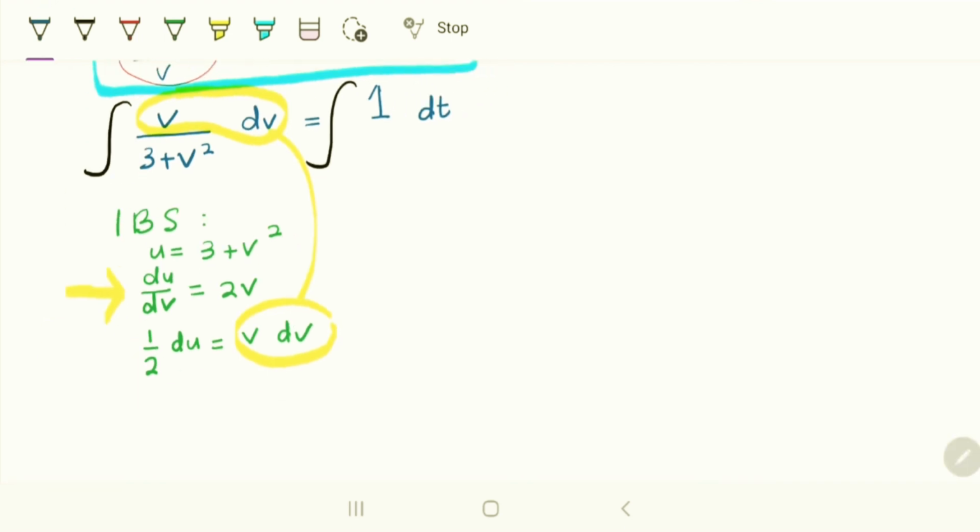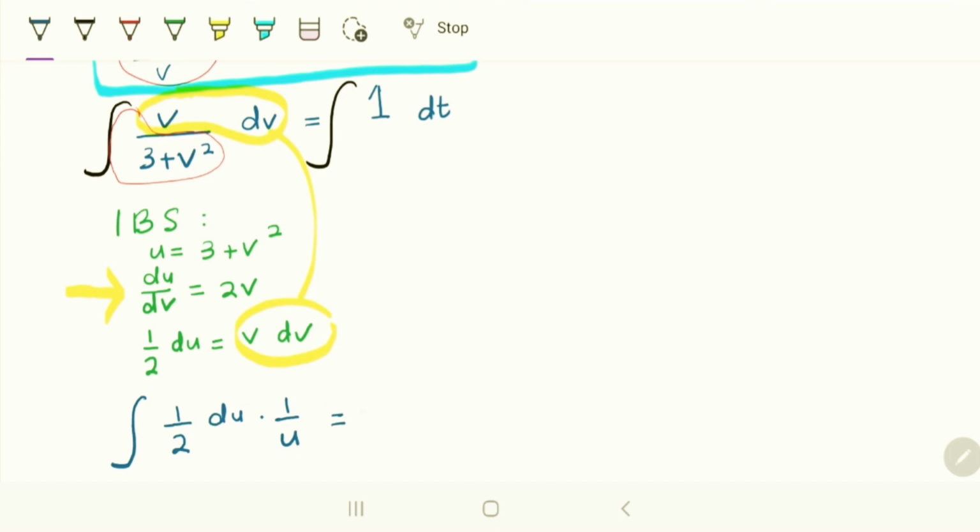So let us continue. v dv is equal to 1 over 2 du. And this part, 1 over 3 plus v squared, is 1 over u.